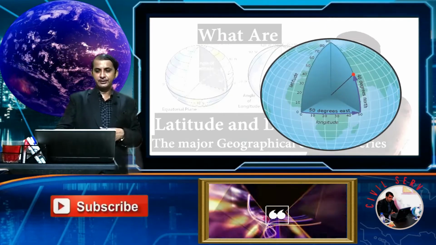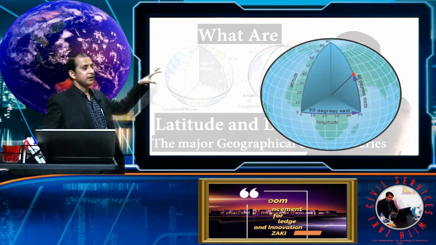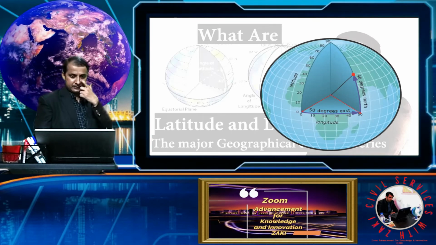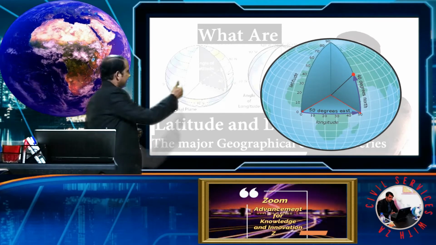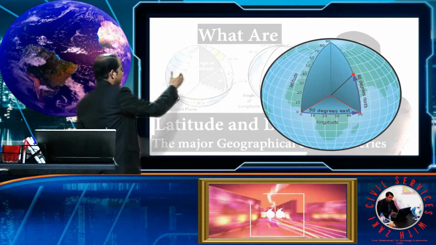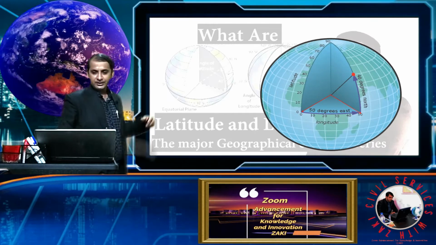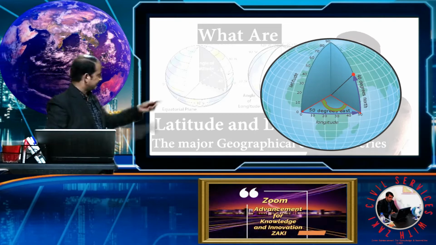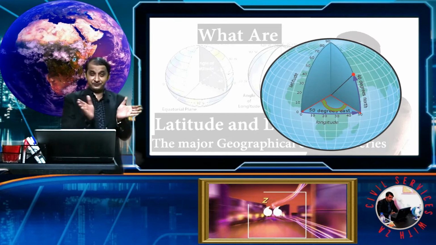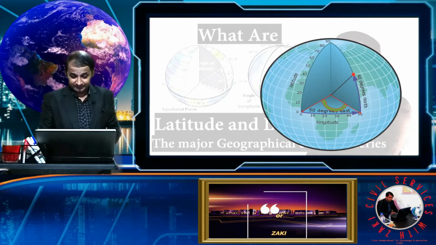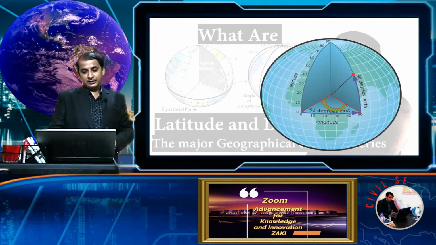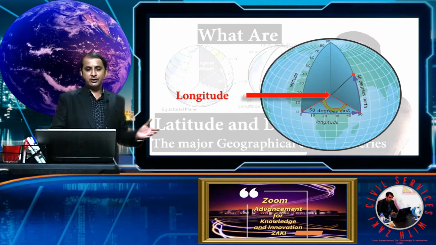See here, this is our spherical earth. From the center of the earth, east to west, this deviation in degree is called longitude.